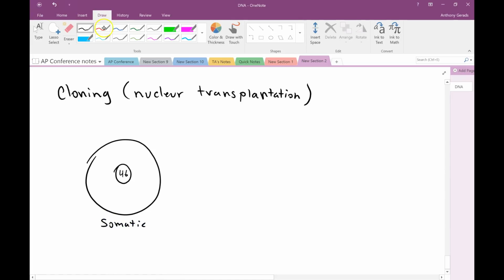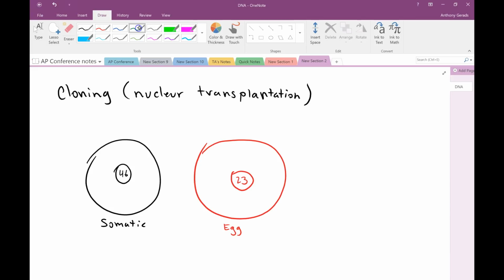Okay? And I'm going to take another egg cell. And normally an egg would have 23 chromosomes. I'm going to take that and I'm going to get rid of that nucleus. So now I've gotten rid of this. I've denucleated it.